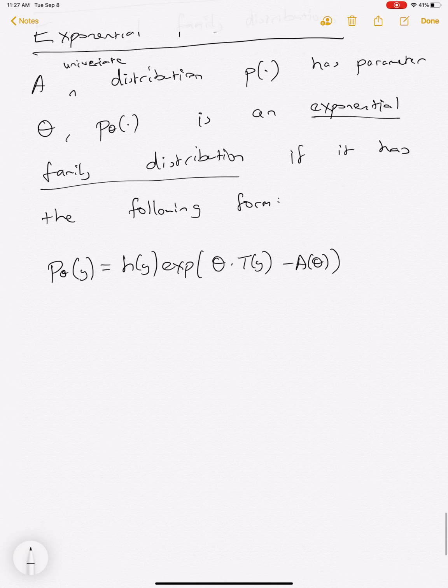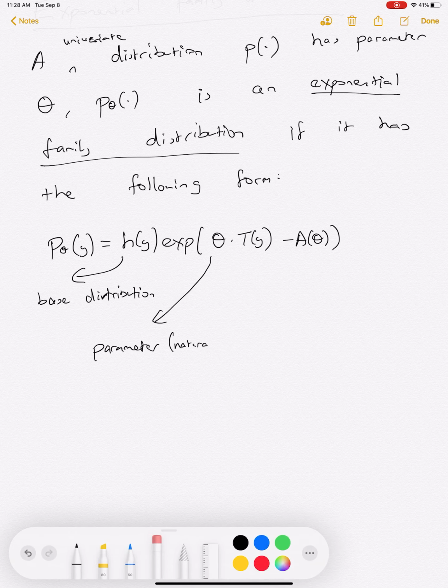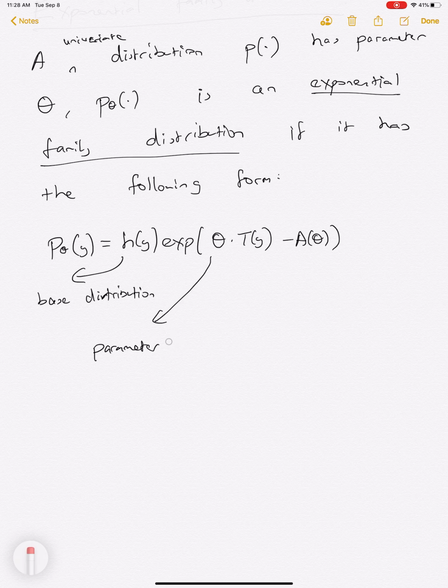Okay, so this is what the distribution looks like, and there are these different components which we're going to talk about. h of y is referred to as the base distribution or base measure. We're going to see some examples of this shortly. This is referred to as the parameter, and more specifically, we'll see it's the natural parameter. I'll explain where that language comes from.